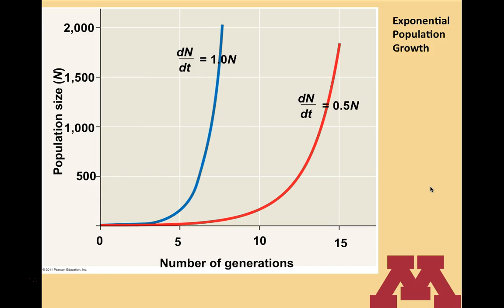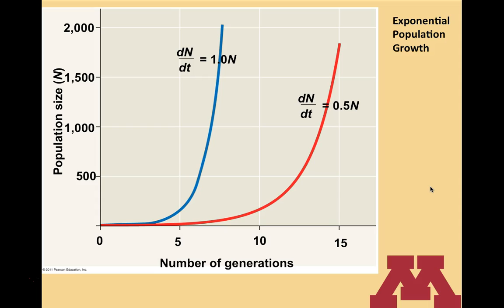So the first is exponential population growth. Exponential population growth is population increase under idealized conditions. Under these conditions, the rate of increase is at its maximum, which is denoted as Rmax.